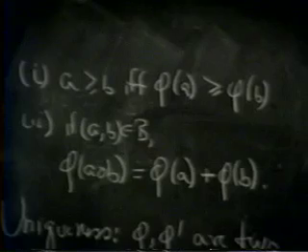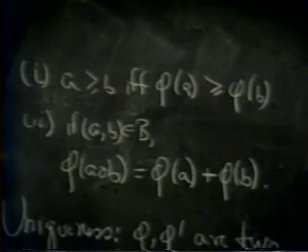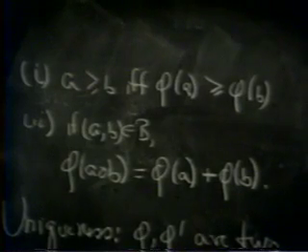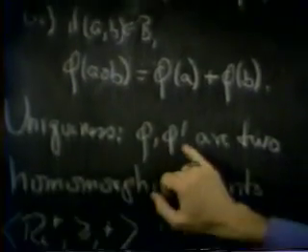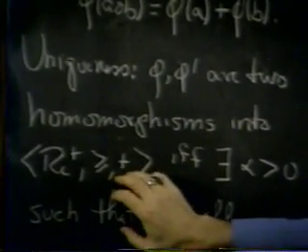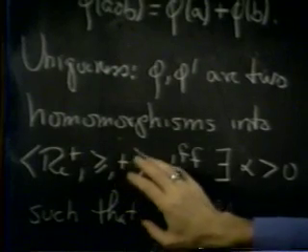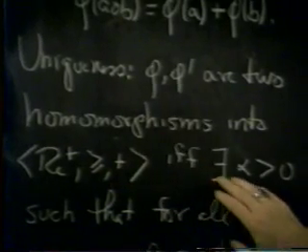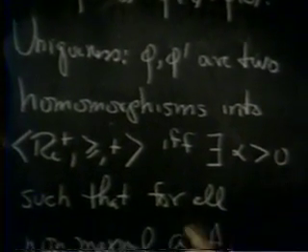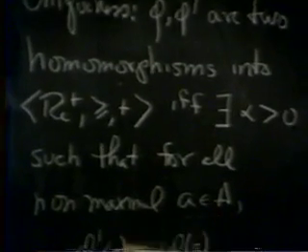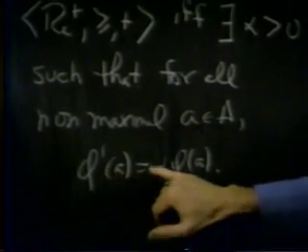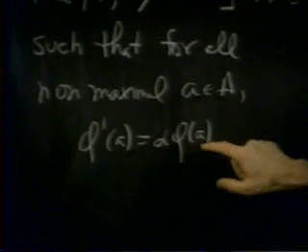The uniqueness is slightly different, and it harks back to this problem of the existence of an isolated maximum, not an essential one. It says that if phi and phi prime are two homomorphisms into the additive positive reals, that is equivalent to the existence of a positive constant alpha such that for all non-maximal elements little a, phi prime of a is equal to alpha times phi of a.